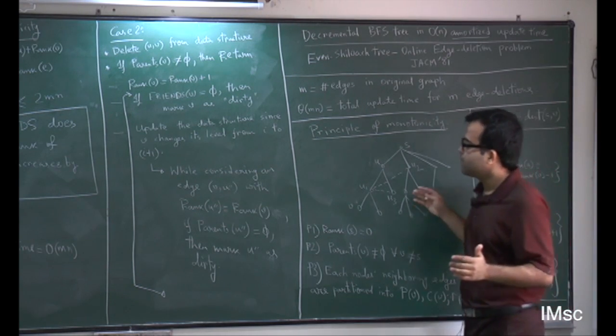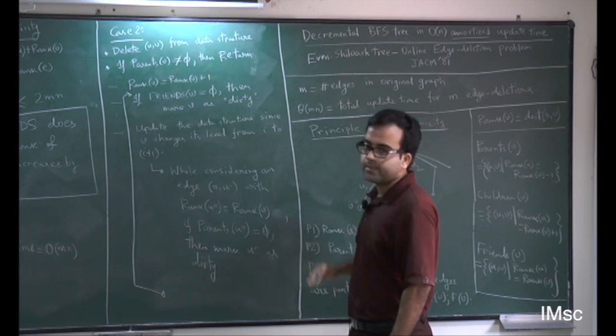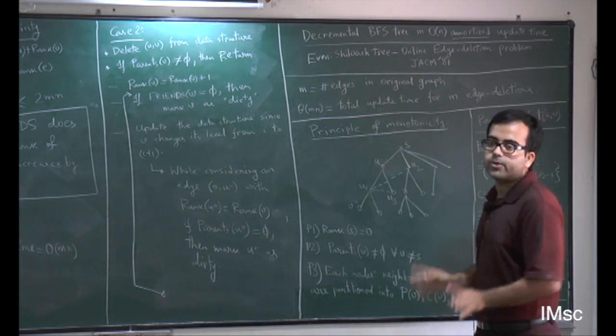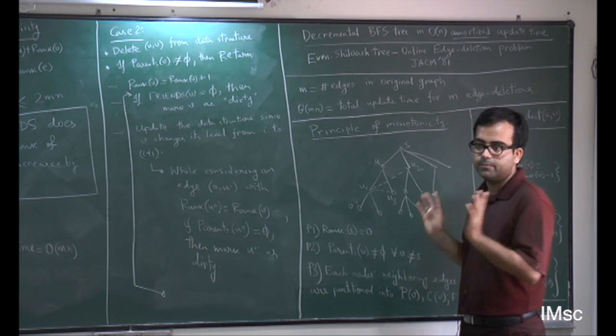And now, when an edge deletion occurs in the graph, just update this data structure in the most obvious way that will come to your mind, in the brute force way.